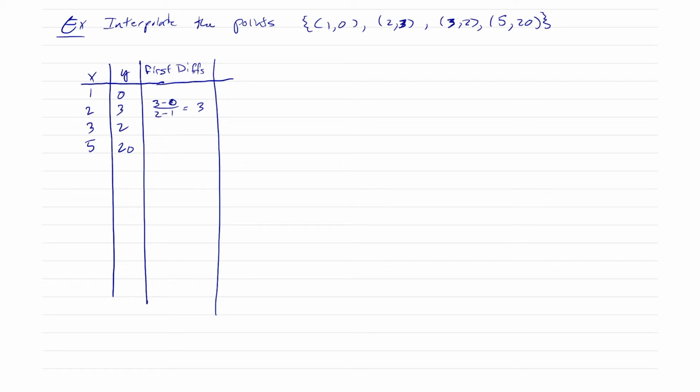Let's see, for the next one, it's going to be 2 minus 3 at the top, divided by, follow a diagonal, and that y value that corresponds to it, so it's going to be 3 minus 2 here. That's going to be -1. And then for this one, we're going to have 20 minus 2. It's going to be 18. So 20 minus 2 divided by, let's see, 5 minus 3.